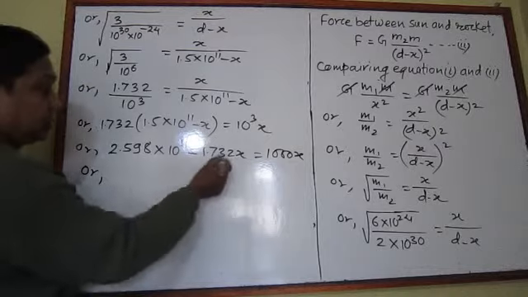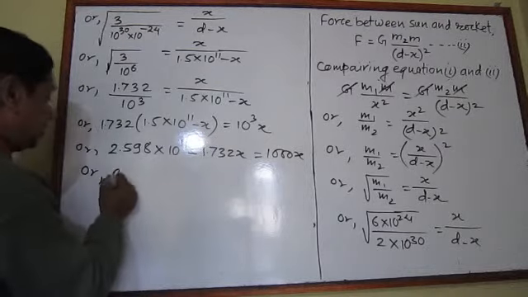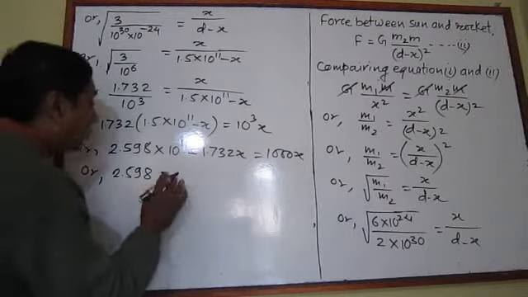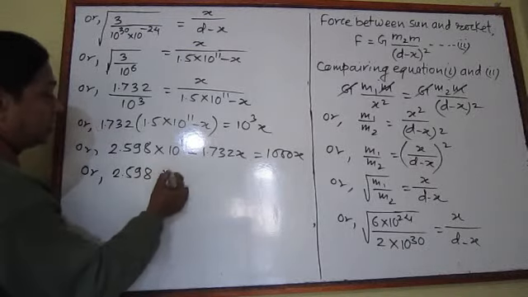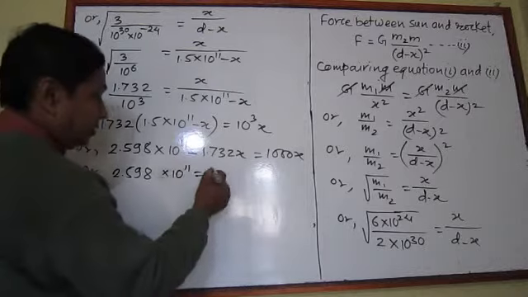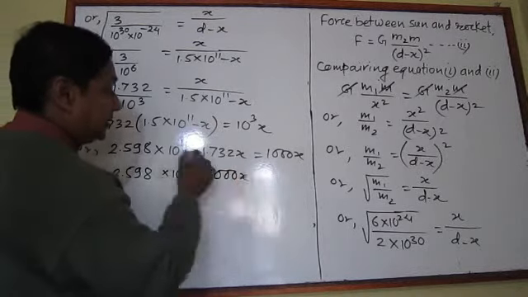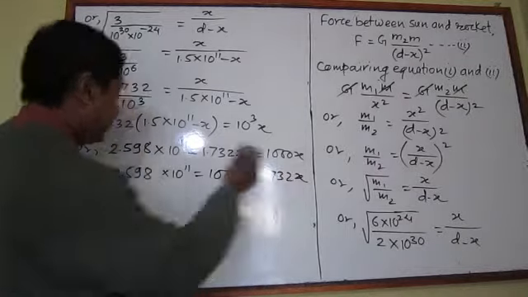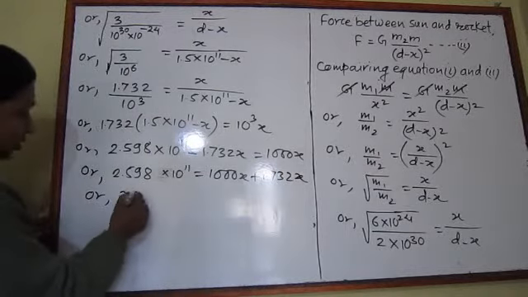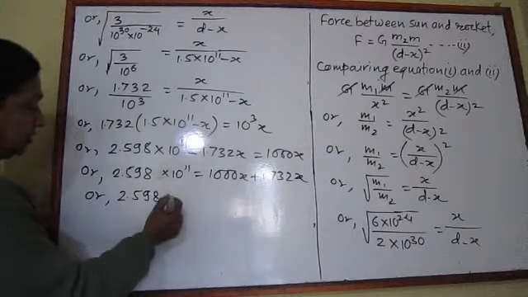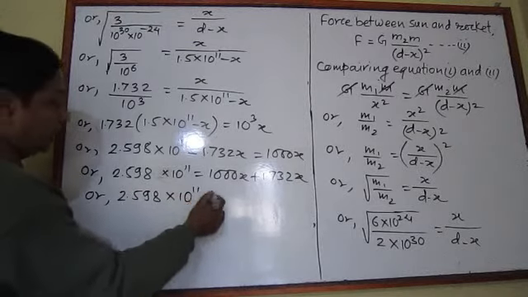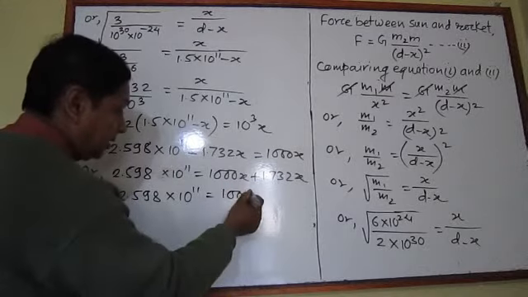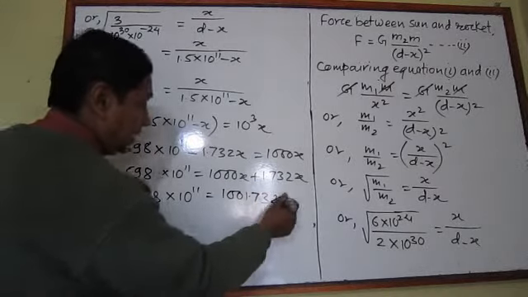Or if this quantity is taken to the right hand side, 2.598 into 10 to the power 11 is equal to 1000x. If this is taken to the right hand side, then we'll have plus 1.732x, or 2.598 into 10 to the power 11 is equal to 1000 plus 1.732 becomes 1001.732x.